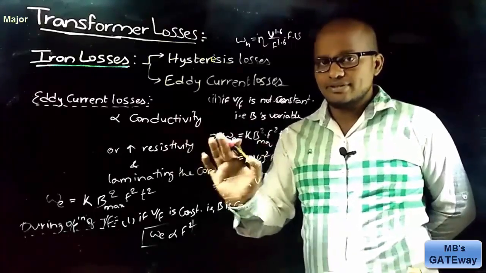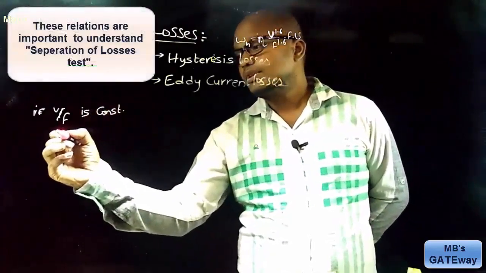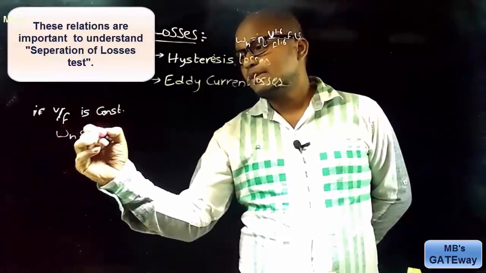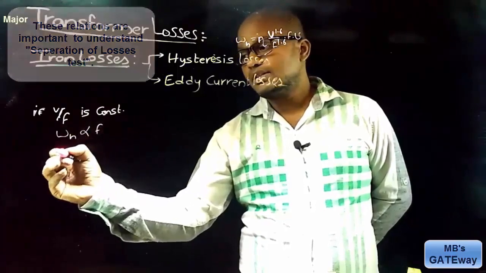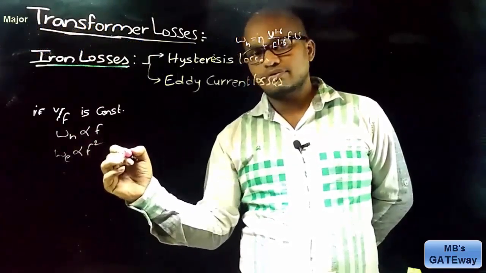Now let's summarize this. During the operation of the transformer, if the V by F ratio is constant, then hysteresis loss is directly proportional to frequency, and eddy current loss is directly proportional to the square of the frequency.